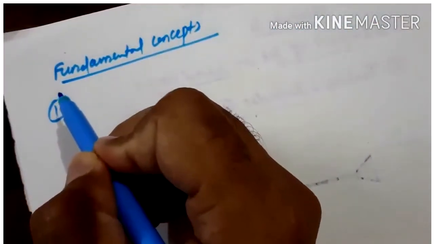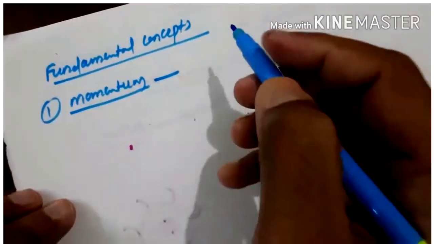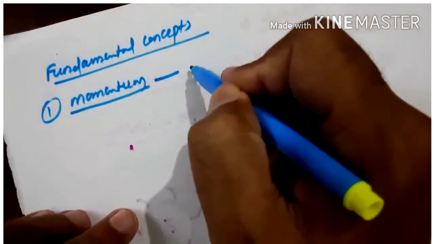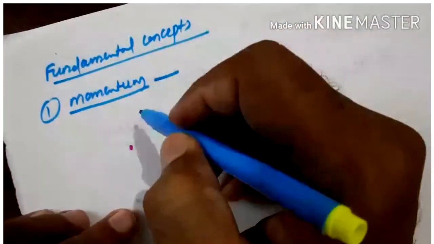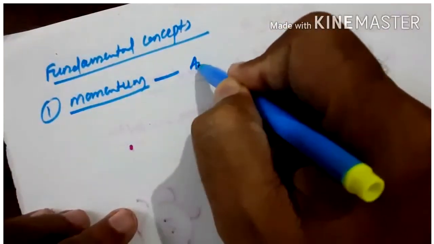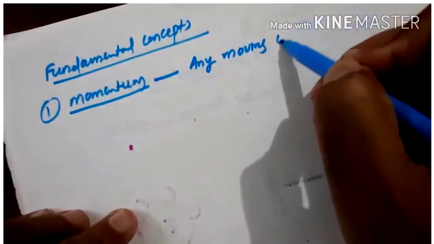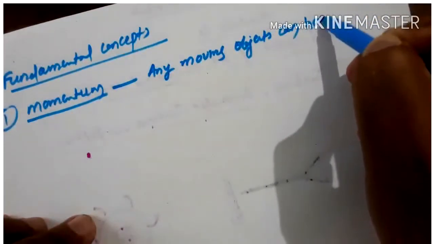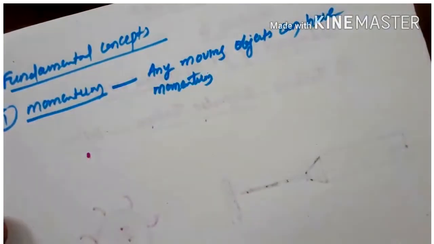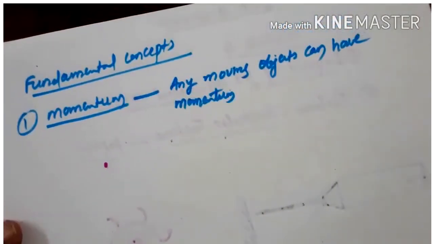So the first thing we'll define: what do you mean by momentum? Any moving object can have a momentum. Then how will you define momentum?